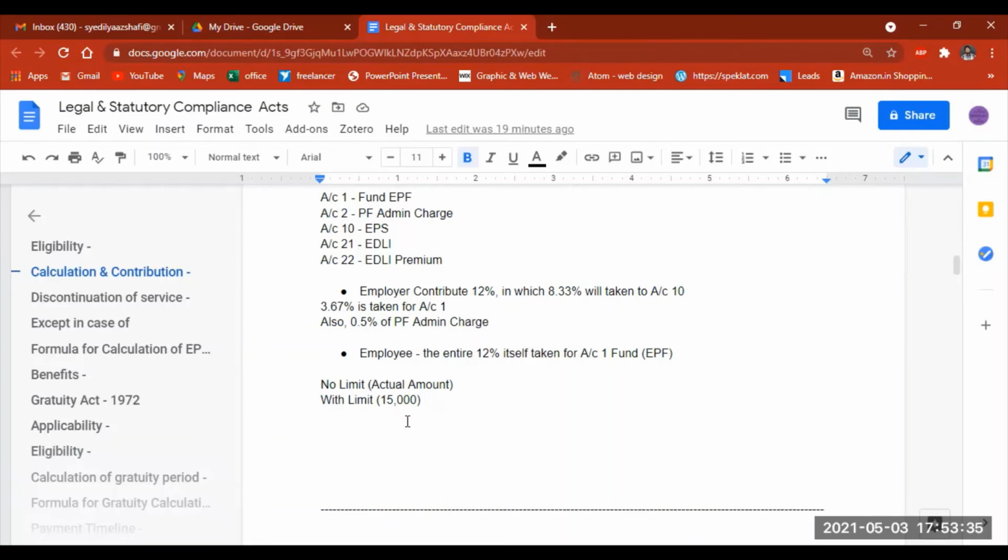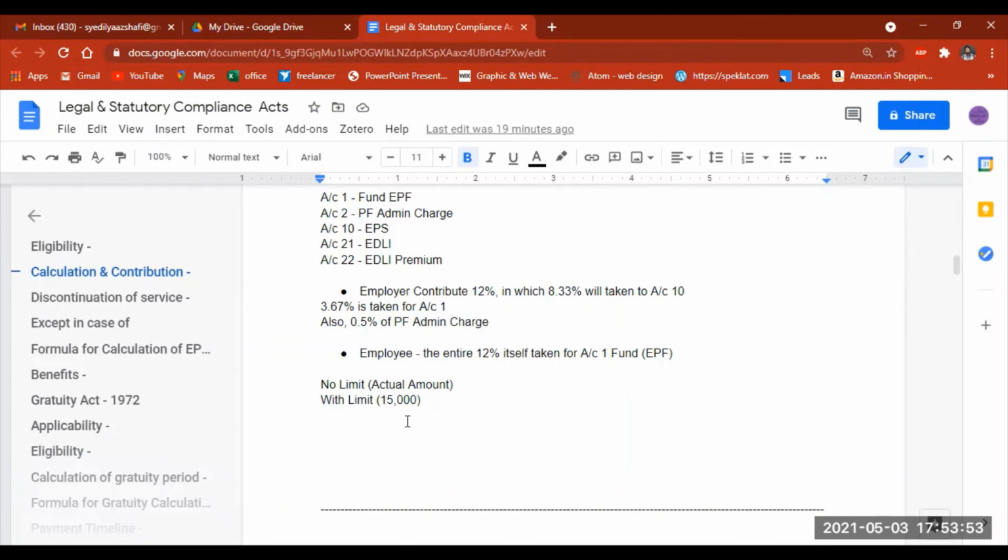This actual amount can be 18,000 or 20,000 or 25,000 or 30,000, but he was previously a member of the Employee Provident Fund, and until now he still exists. It is not mandatory that a manager allow every employee to stay.